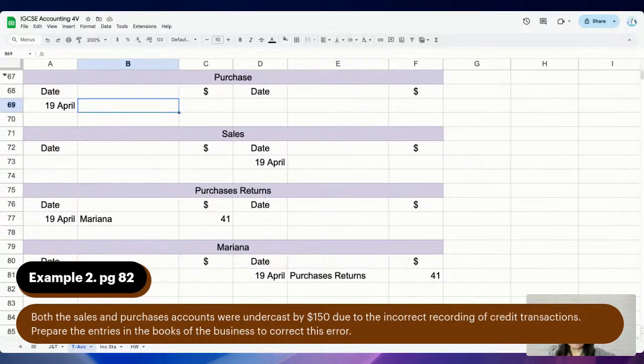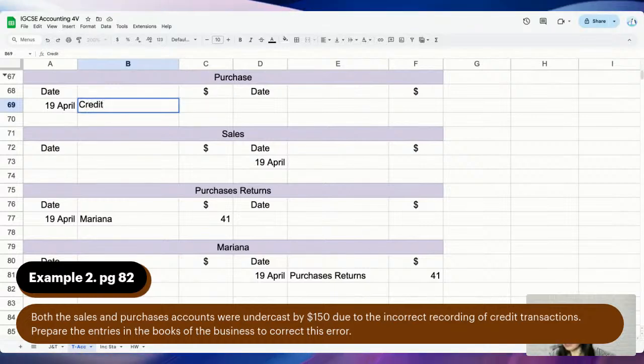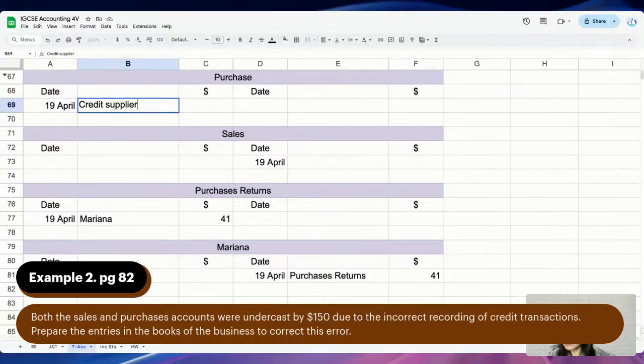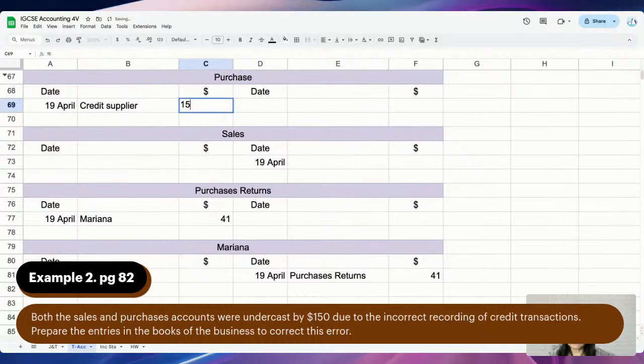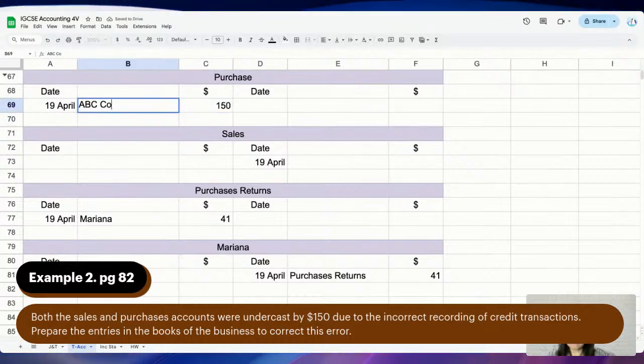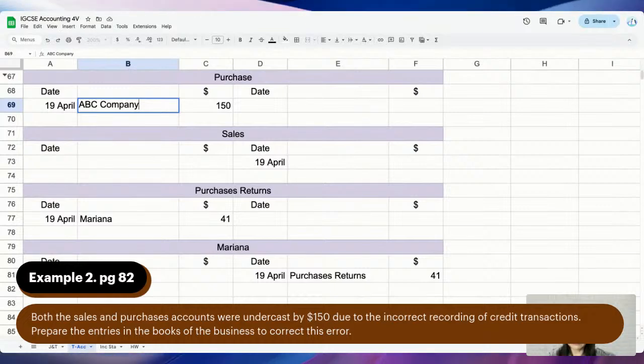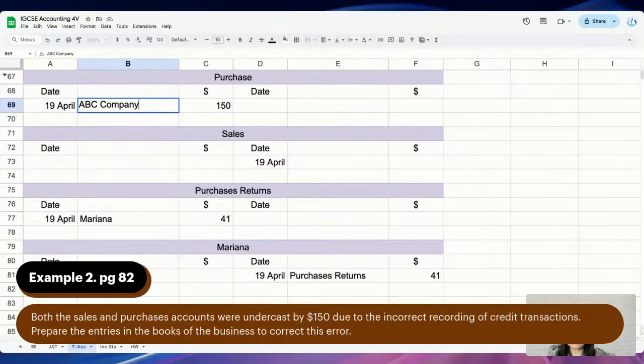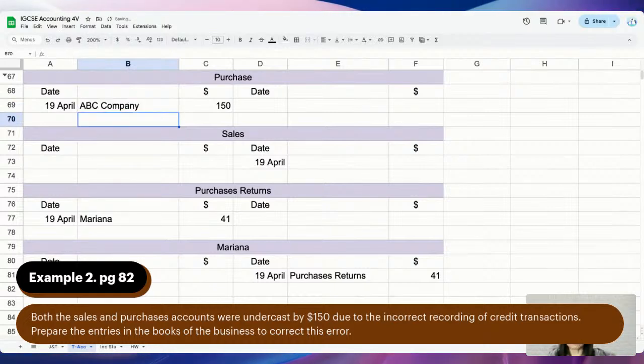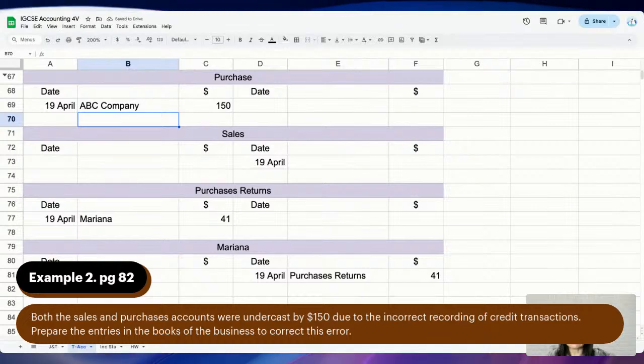In the textbook it says credit supplier, but in the real case, if the supplier name is ABC company, you have to put ABC company, because this is a credit purchase. You buy from your supplier, so that is the real case.